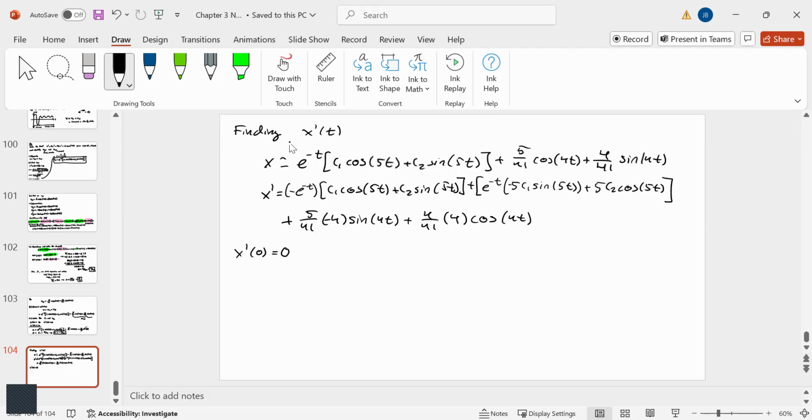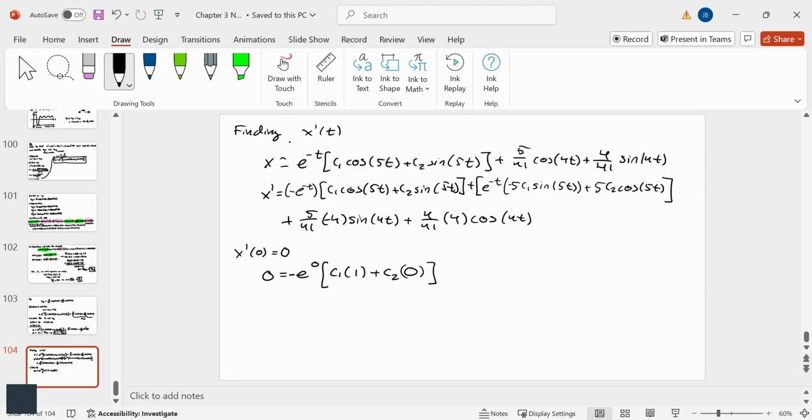So 0 is equal to e to the 0. You see this negative sign right here? That negative sign would be the detriment to so many students because it would be negative 1. So that negative sign there is actually super important. Cosine of 0 is 1. Sine of 0 is 0.